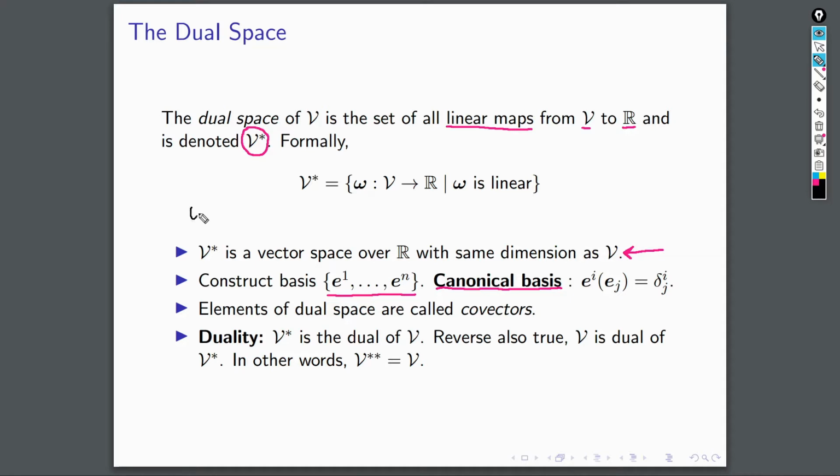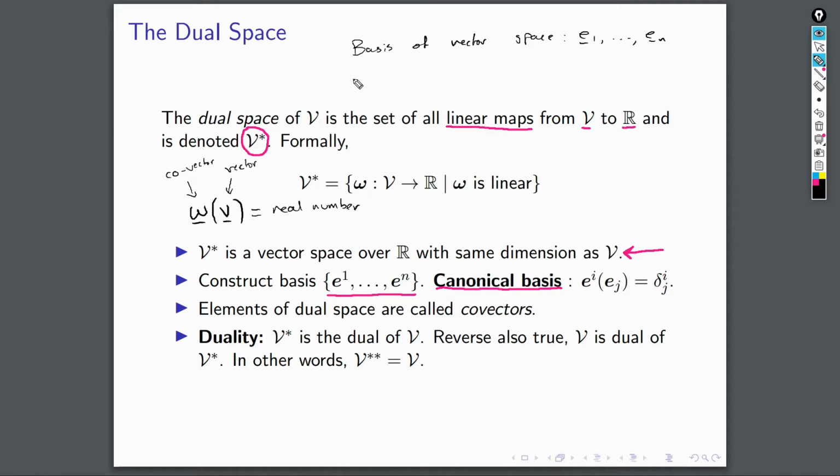So if I take omega of v, where omega is a covector and v is a vector, that's going to be equal to some real number. Now, the basis of our vector space was E1 through En.